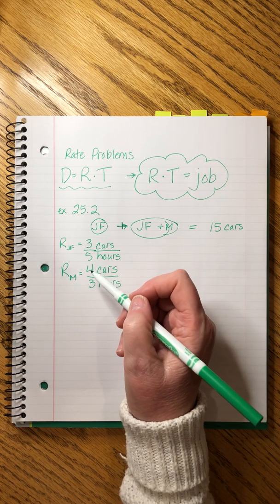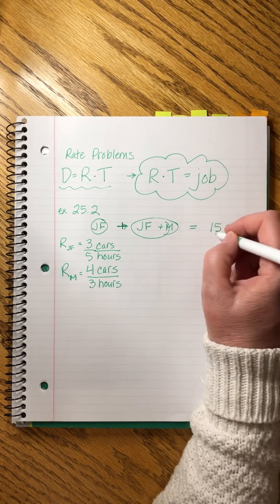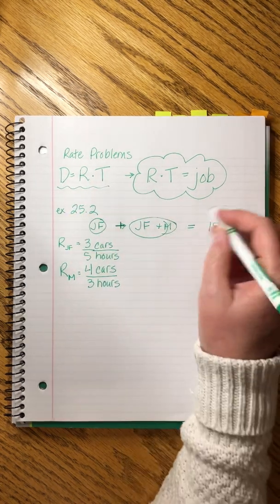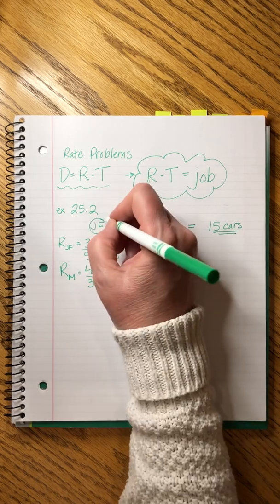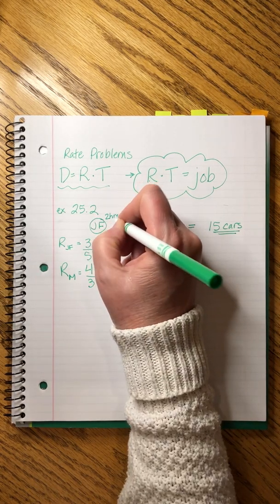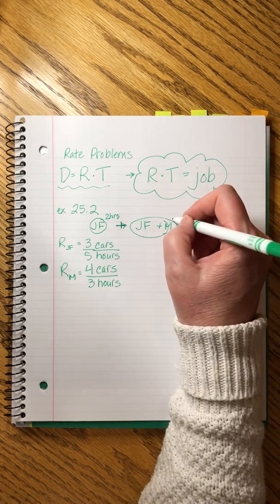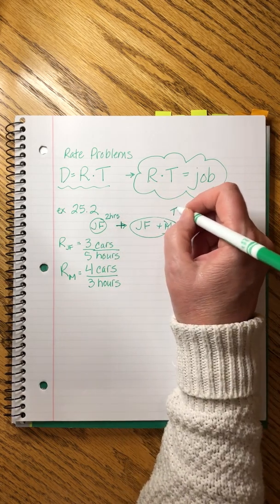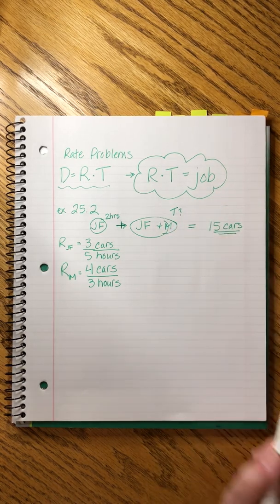All right, 15 cars needed to be done. So that's the job, right? It's like the distance. It's the finished product. If Joe works for 2 hours here and then is joined by Meryl, how long will they have to work together? That's our question, to finish washing the 15 cars.